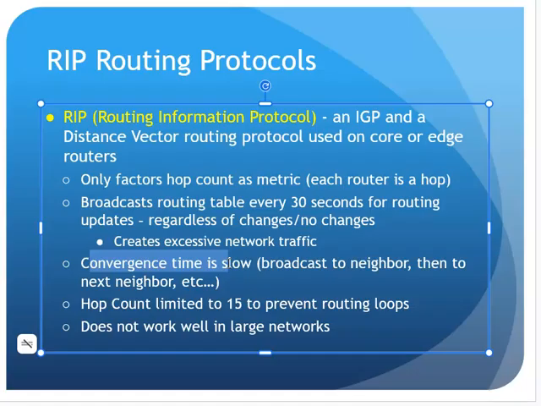Well, 3 times 30, we could essentially be a minute and a half until that router knows that this network is broken or online. Okay, it could be kind of slow, and that's why they talk about convergence time as slow. Because of that, it's pretty much limited to like 15 routers. This is not usable in large networks, and it does not scale well to large networks. There's a limit on that because of broadcasting the routing table.